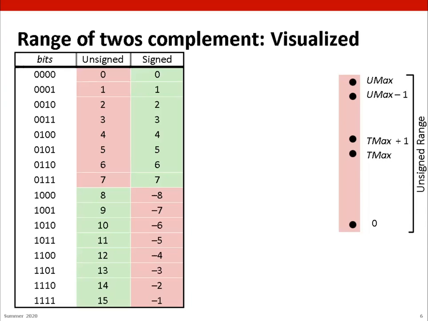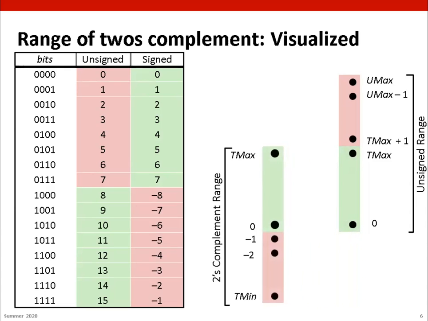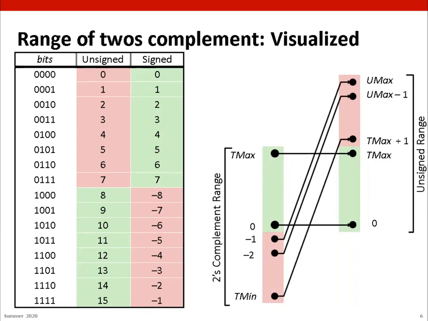Whereas this range shifts halfway to make room for the negative numbers in the two's complement, so that the larger values of the unsigned representation now represent negative values, and our range for positive numbers has reduced by half. Okay, in the 4-bit case, the range is 0 to 7 now, and instead of 8, as in the unsigned case, we have -8.